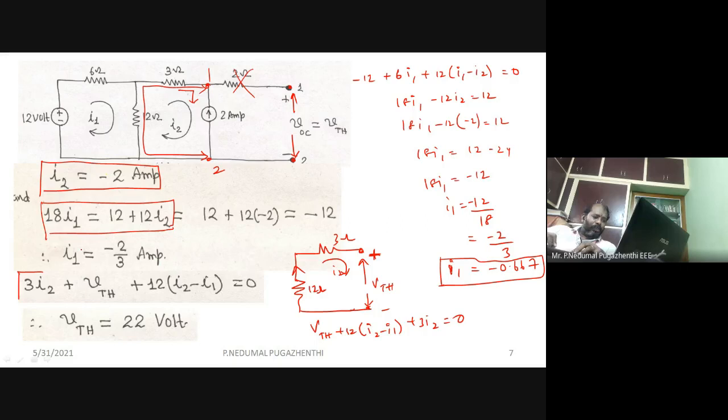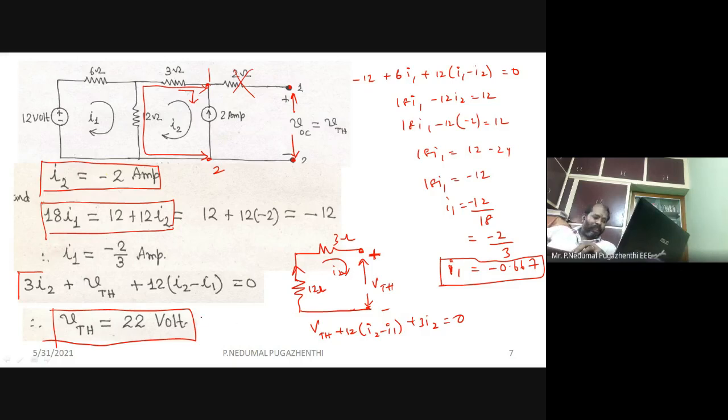So I can substitute all these I1, I2 values there and find VThevenin. With I2 equal to minus 2 and I1 equal to minus 2 by 3, if I substitute that, I will get VThevenin equal to 22 volts. Any doubts here?